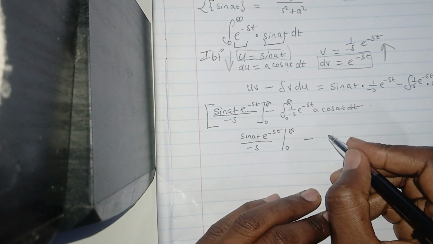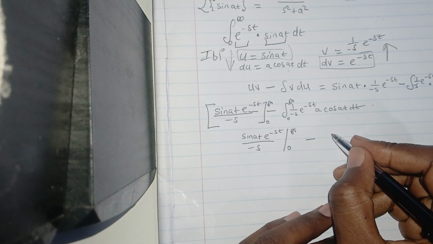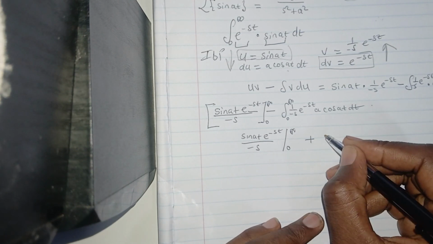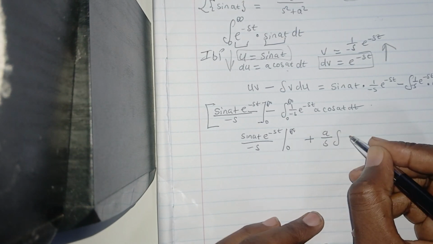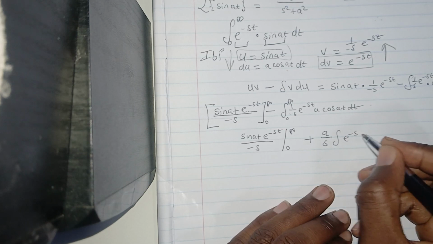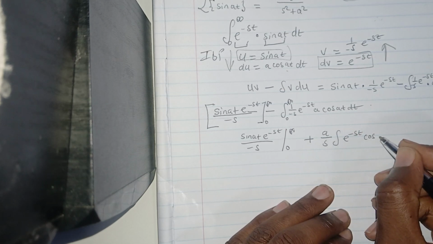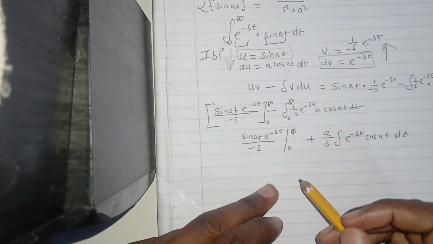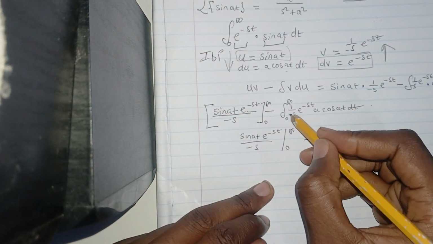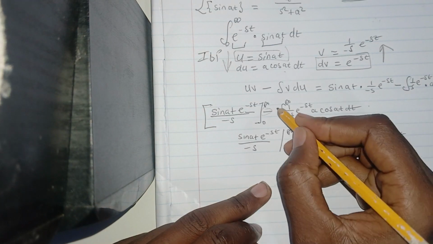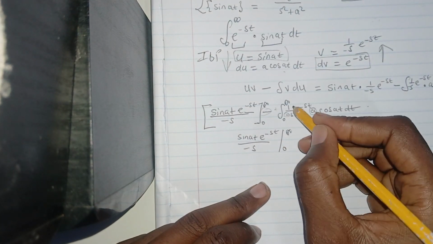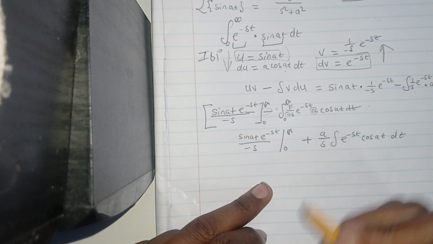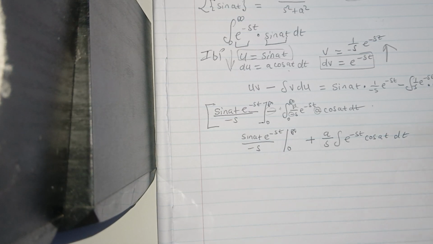Then minus, here we can just say positive a over s, then we will have e^(-st) cos at dt. Quickly let me explain how we got to the positive. This and this multiply, they will give us positive, and then this one ended up here. Then we had something like this.